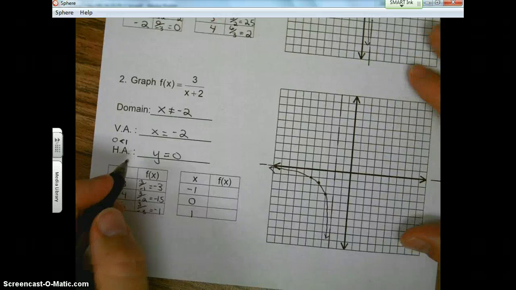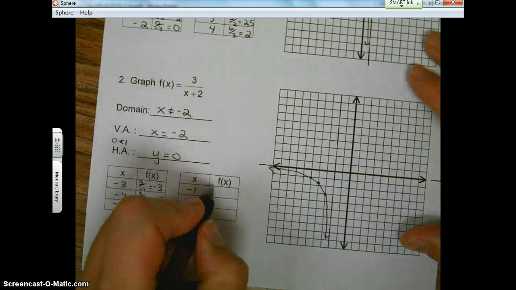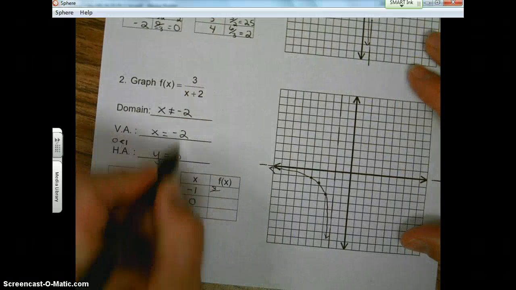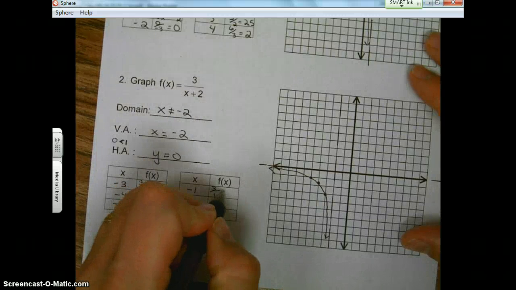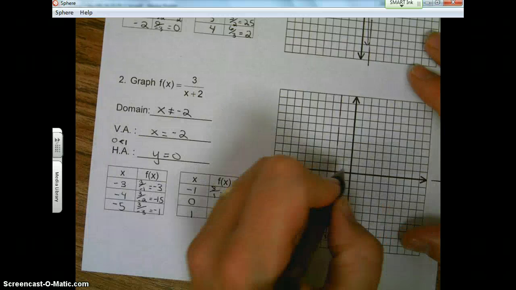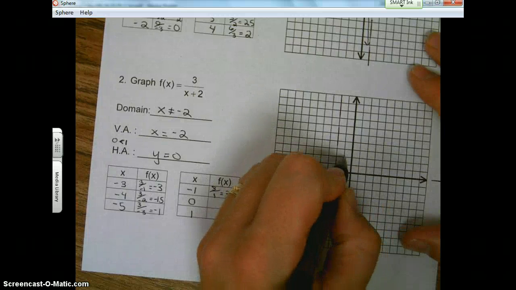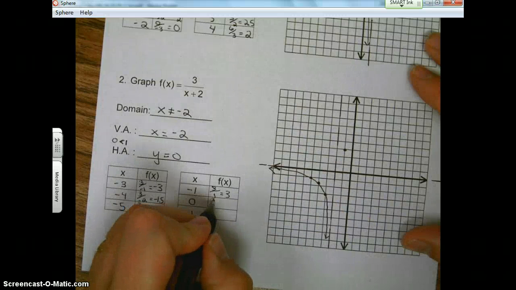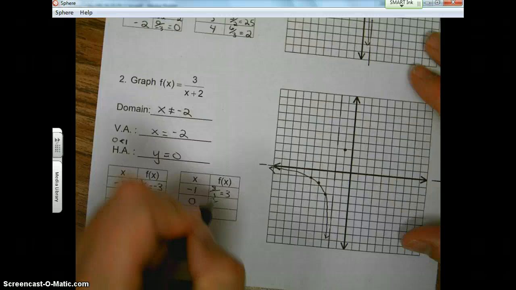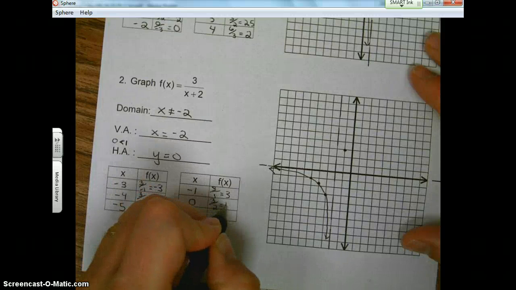Now let's do this side. So we have 3 over, plug the negative 1 in, negative 1 plus 2 is 1. So we have negative 1, 3. Plugging 0 in, 0 plus 2 is 2, we get 1.5.